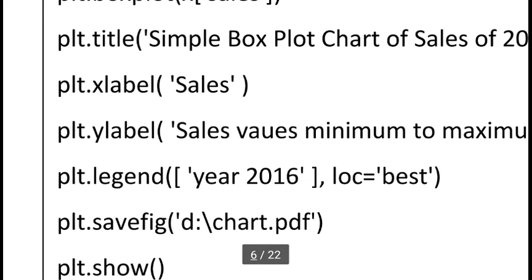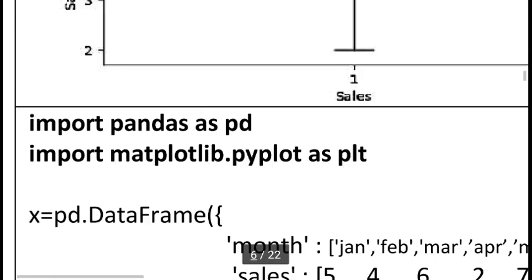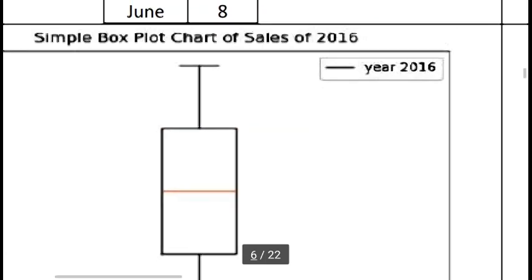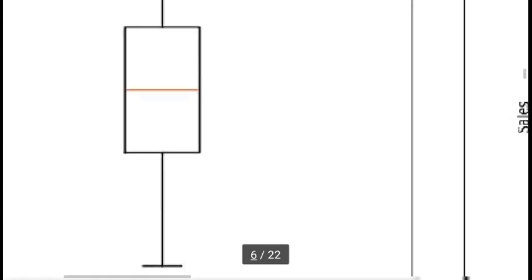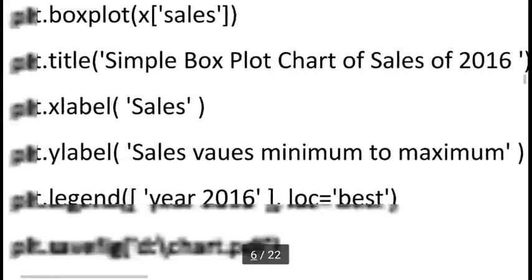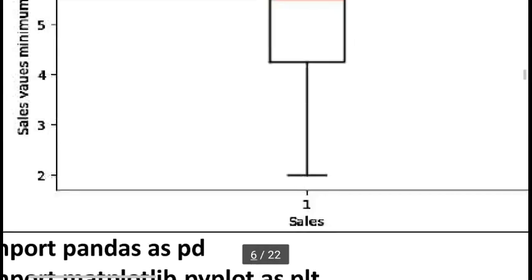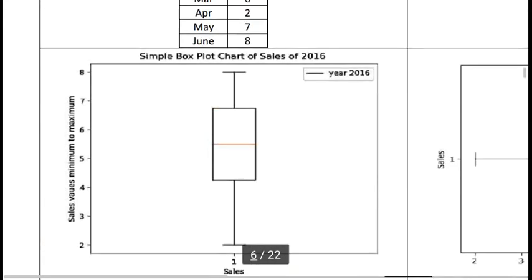If you want to use it, you can use the function plt.legend. The legend is year 2016 data, so all the lines refer to year 2016 data. It is location based, and I want to save this chart in a PDF file.